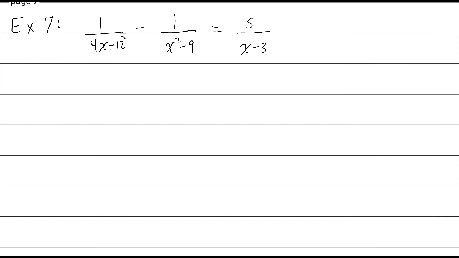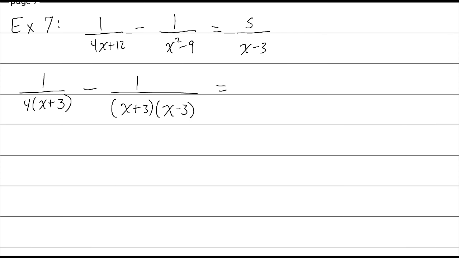What I mean by that is I can factor out a 4 here. Okay, this is difference of squares, right? That's x squared minus 9, or 3 squared. So that's going to be 1 over x plus 3, x minus 3. And then x minus 3 on the last one is going to stay the same.